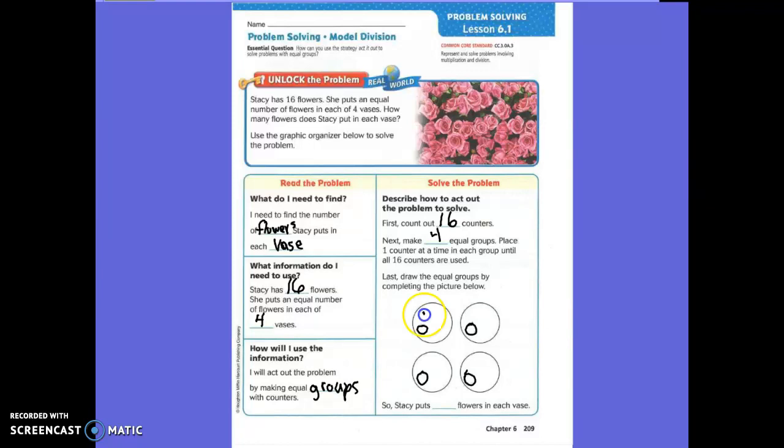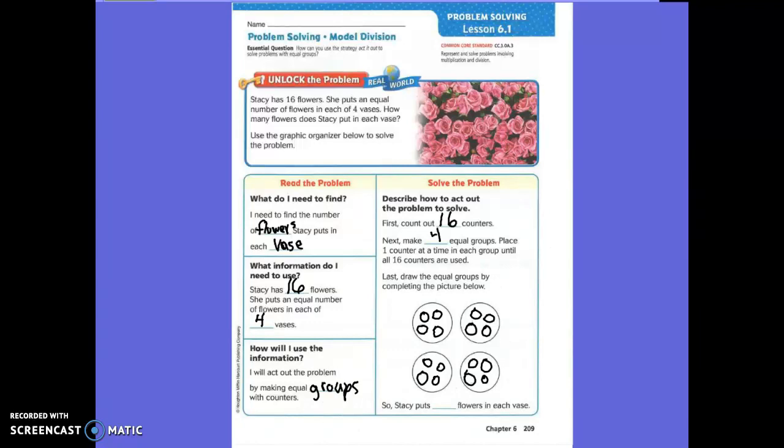That's 5, then 6, 7, 8, 9, 10, 11, 12, 13, 14, 15, 16.